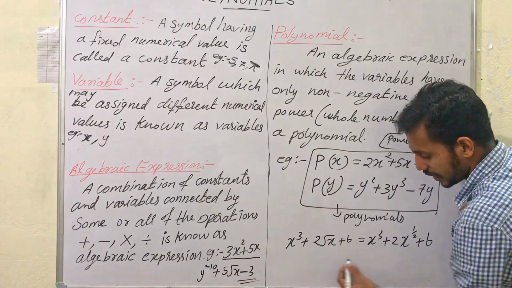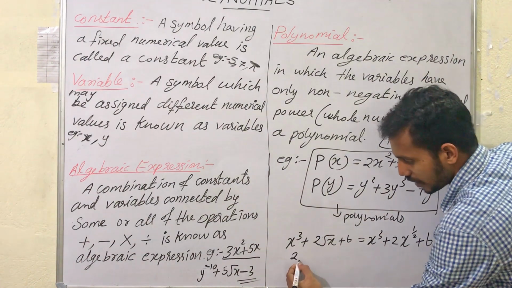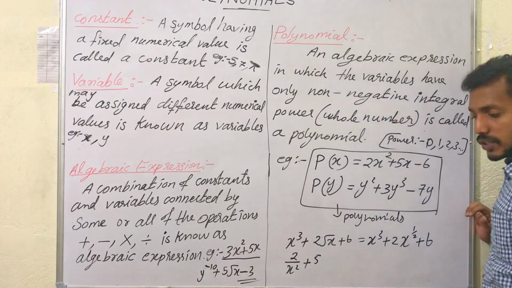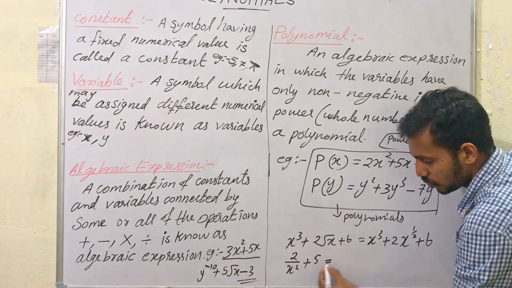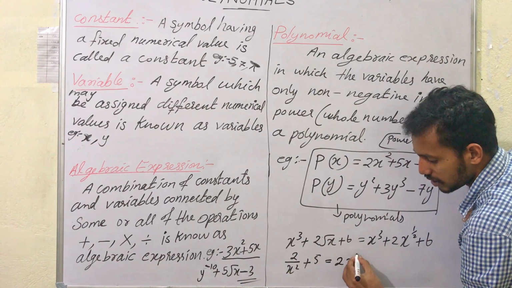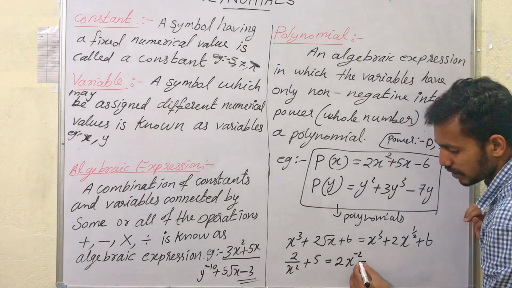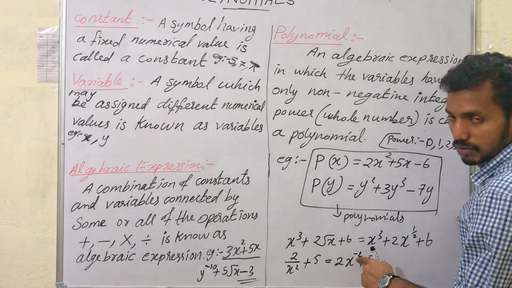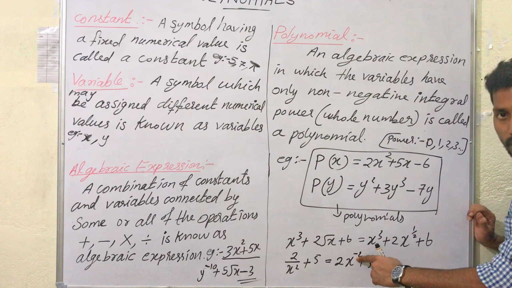One more example we can take, that is 2 by x square plus 5, which is also not a polynomial, because 2 by x square we can write as 2, 1 by x square we can write as x raised to minus 2, plus 5. Here the power of this variable is a negative number.